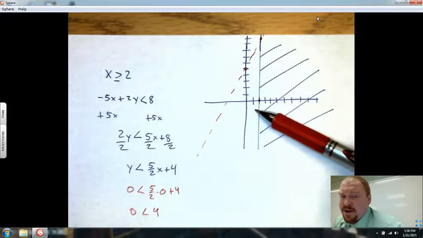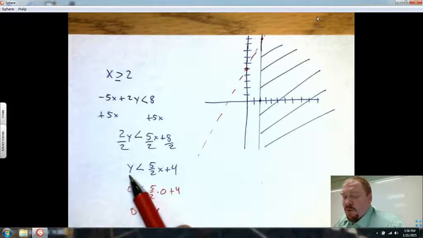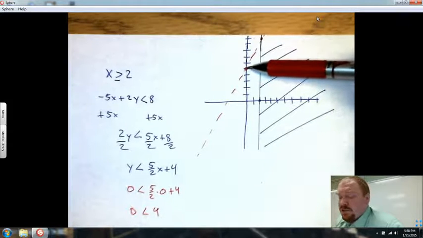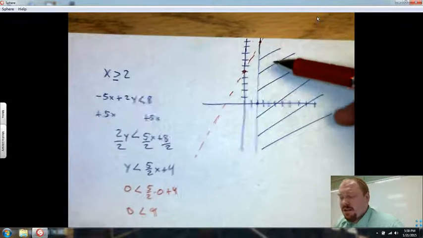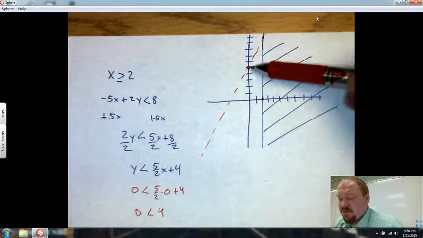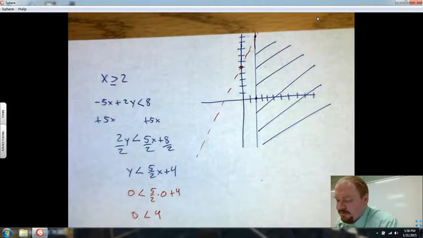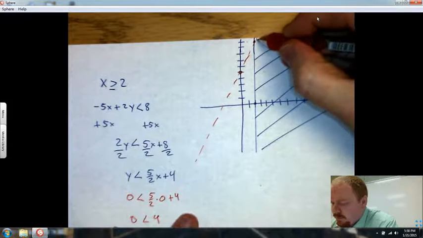The other trick is if y is by itself and on the left, if this is less than, you will shade below the line, where it intersects the y-axis. So in this case, it's going to be to the right. Now, I'm going to again use these long lines.